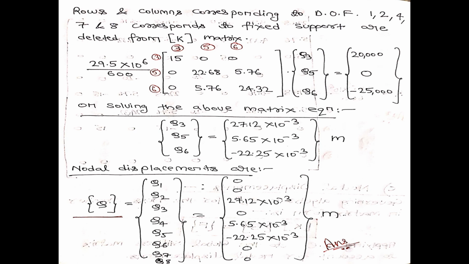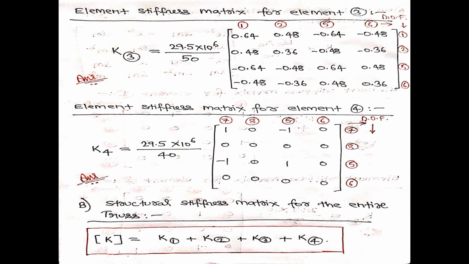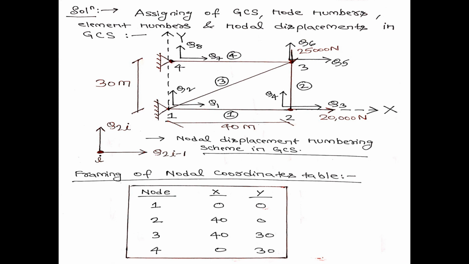Okay. Before writing this entire governing algebraic equation for the entire truss member, let us find out whether any boundary condition is present in the problem or not. For that, let us see the problem. I can see that the first node and the fourth node are fixed. If the first and fourth nodes are fixed, that means they will not displace in the x direction nor in the y direction.